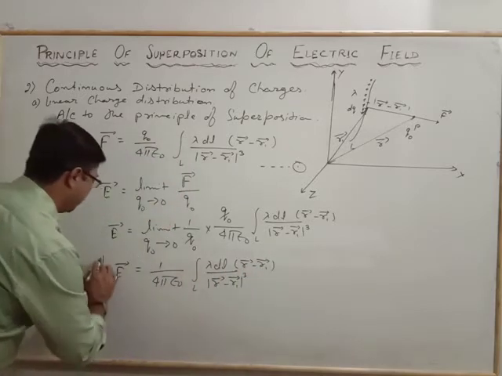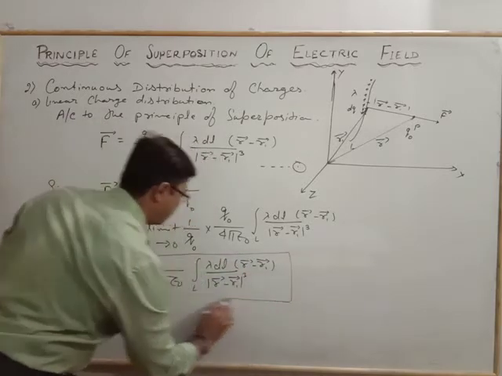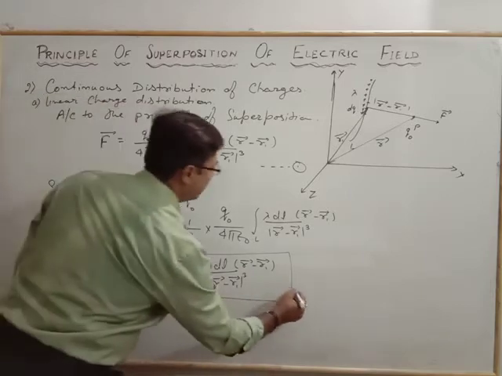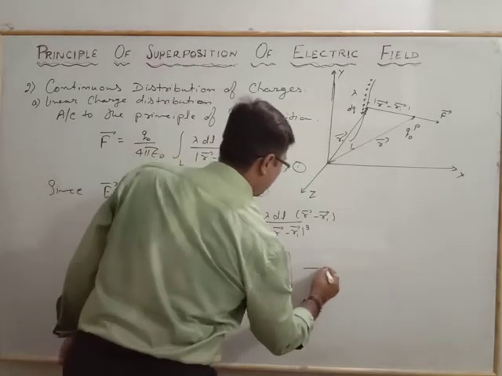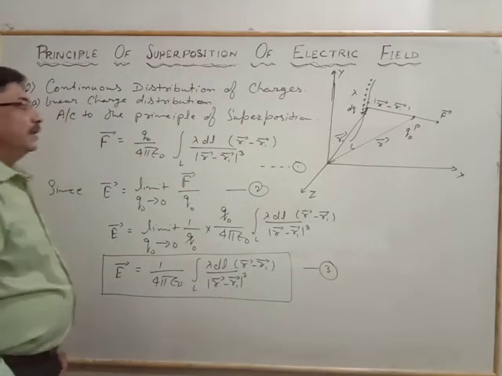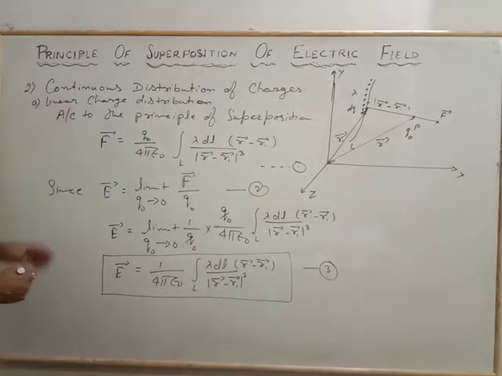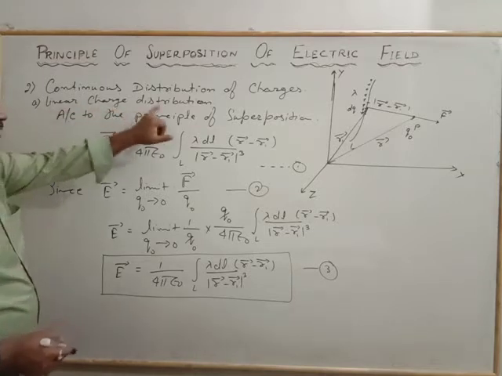And this is the electric field due to the linear charge distribution, and this is equation number 2. So first we observe the arrangement is linear charge distribution.